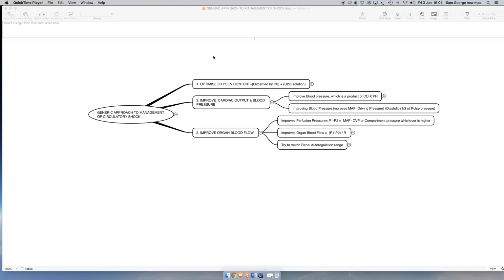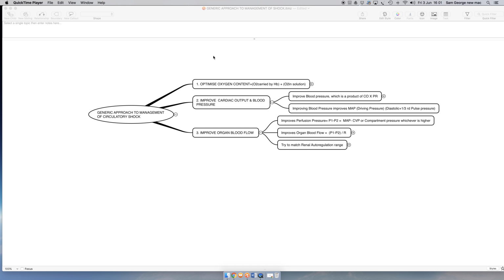So I have a personal generic approach to management of circulatory shock, which I believe could help with a lot of scenarios: to prevent your patients from going into organ failure, to resuscitate somebody who's just come out of a cardiac arrest, and to rescue somebody who's gone into AKI.